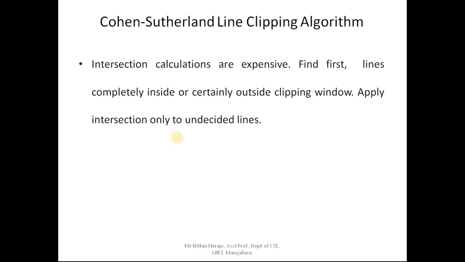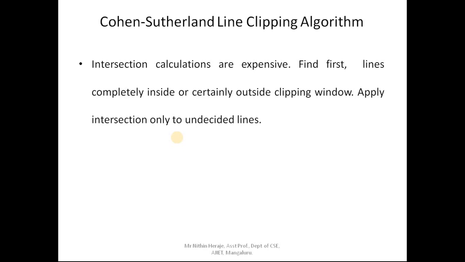If some part of the line is inside and some outside the clipping window, then only we need to apply intersection to decide which portion of the line should be included in the clipping window.